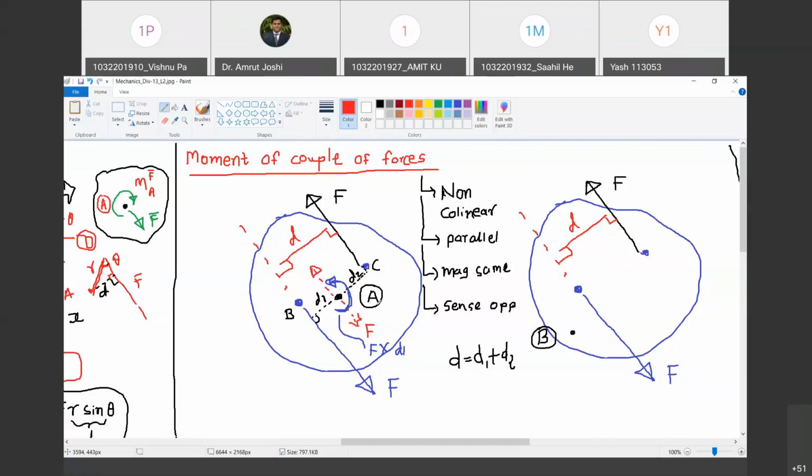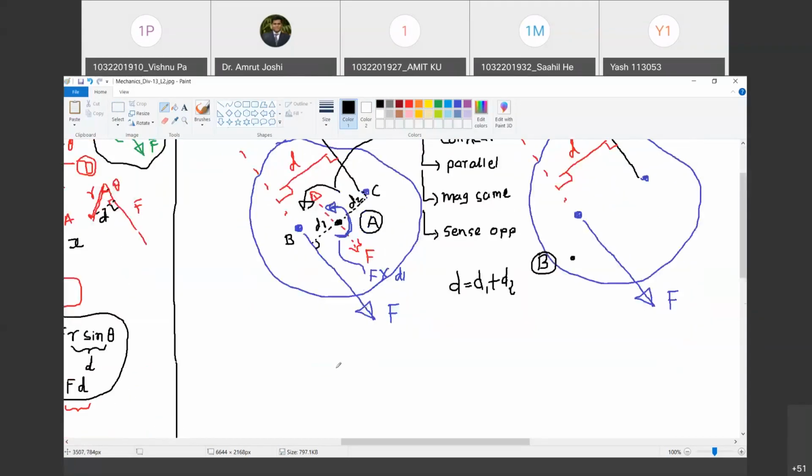And I will also have to look at what kind of rotation this F produces at A. So hold the body at A. Anti-clockwise only, right? Yes, this also will produce anti-clockwise rotation. Very good. Hold the body at A. This force F is acting here. So what kind of rotation does it produce? It is also going to produce anti-clockwise rotation. And what is the magnitude of this? Can you tell me? F into D2. Happy?